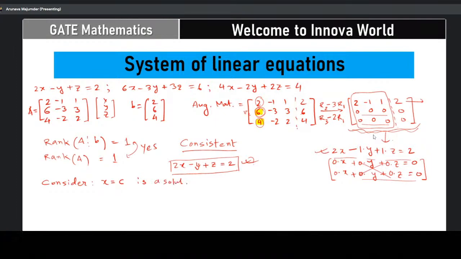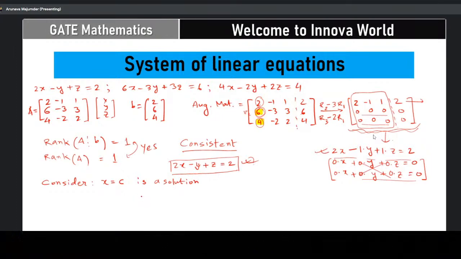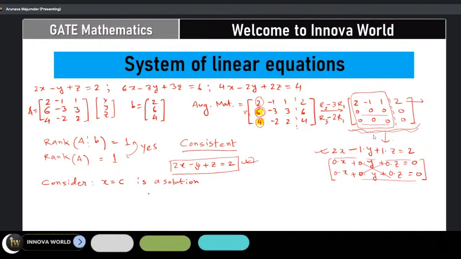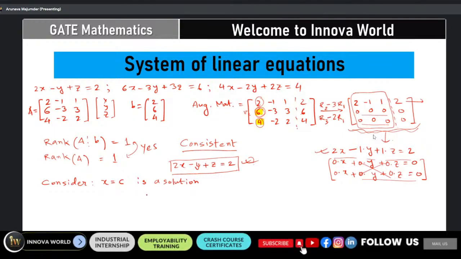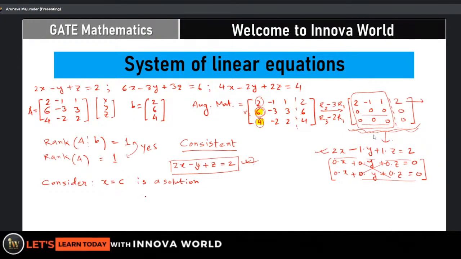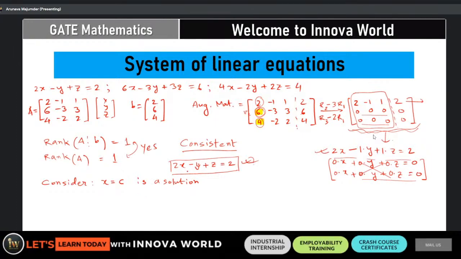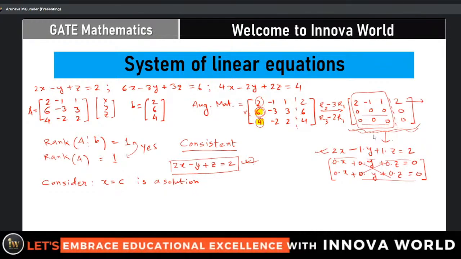You can consider the value of c according to yourself. If x equals 1, you get one solution; x equals 2, another solution; x equals 3, another solution, and so on.